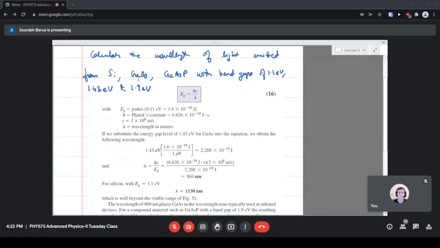I think it is in the same group as aluminum, right? Yes, so gallium is in the third group, and arsenic is in the fifth group.